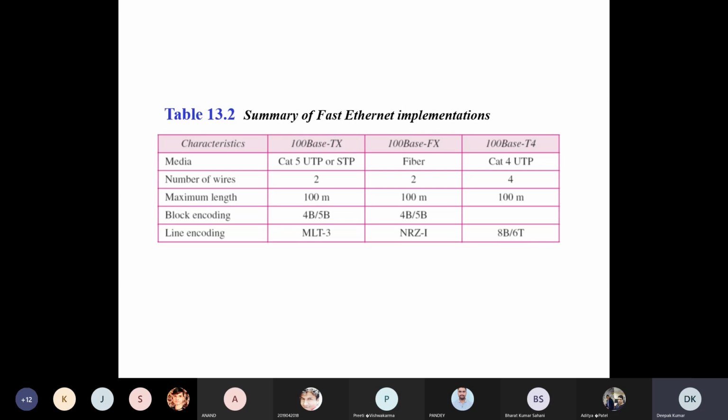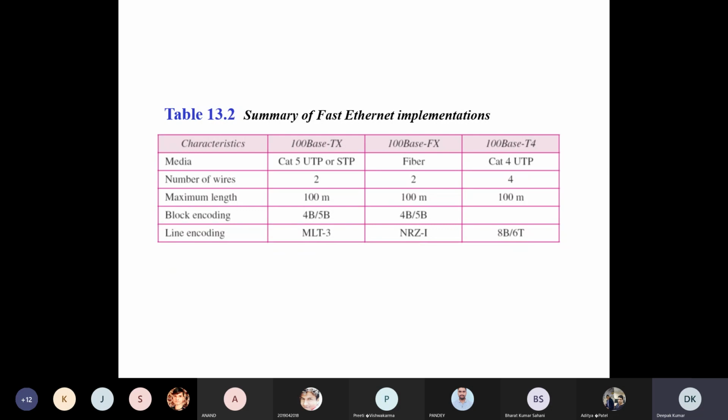The number of wires for 100 base TX is 2, for 100 base FX is 2, and for 100 base T4 is 4. The maximum length of TX is 100 meters, FX is also, and 100 base T4 as well. The block coding is 4B5B for TX and FX, and no specification is given for 100 base T4.